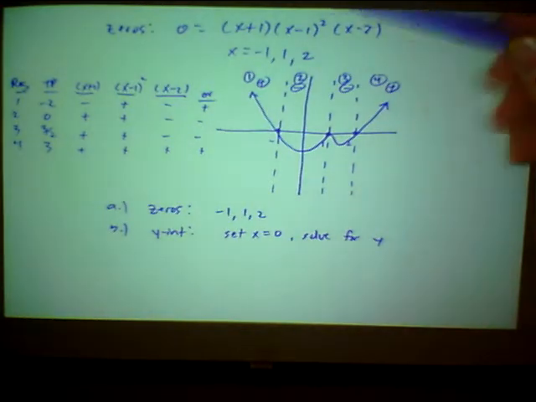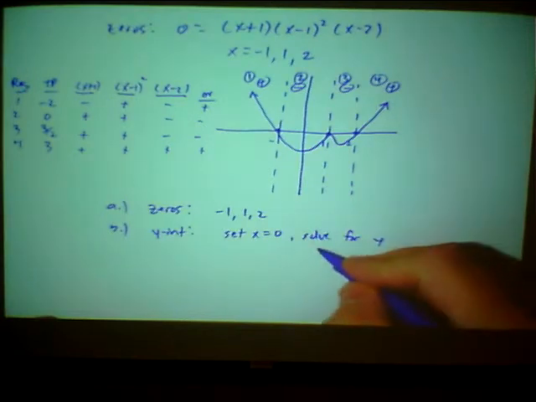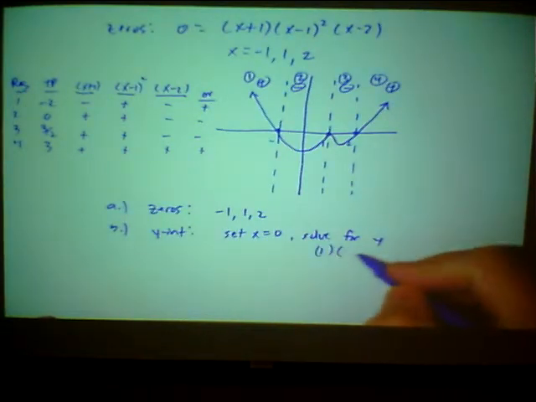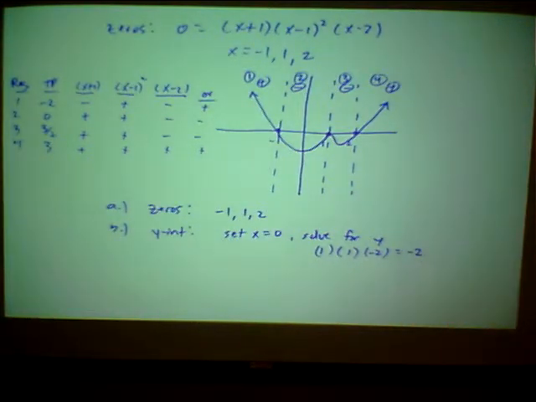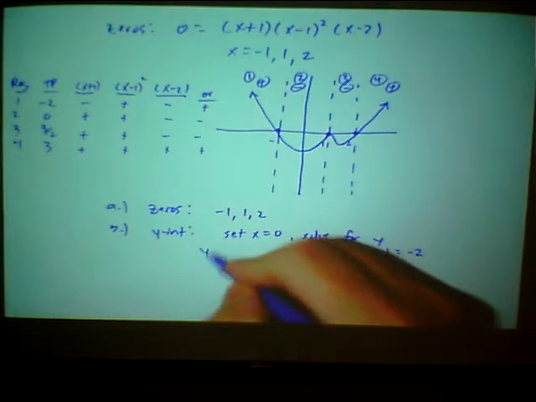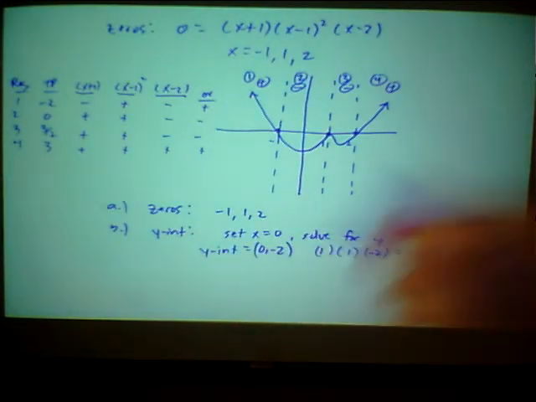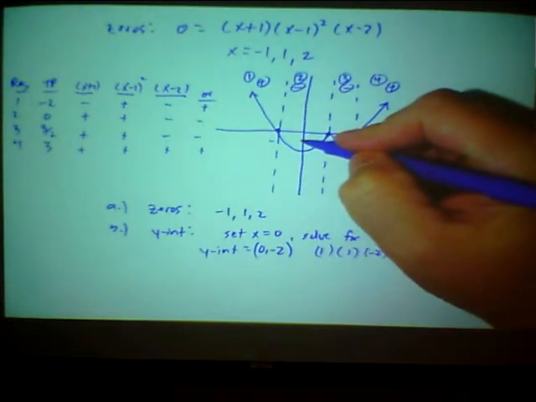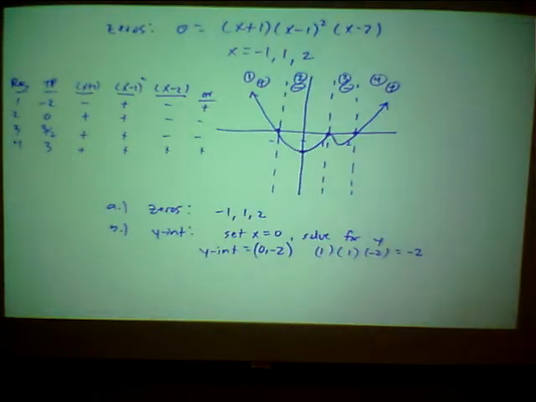So if I set x equal to 0 here, I'm going to have 1 times 1 times negative 2. It looks like my y-intercept is 0, negative 2. And actually, I didn't do too bad. That's negative 2 right there.